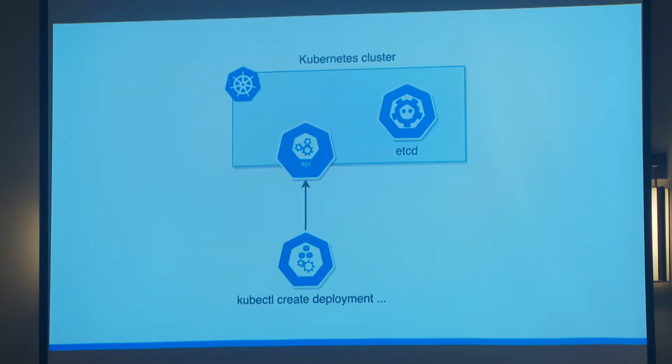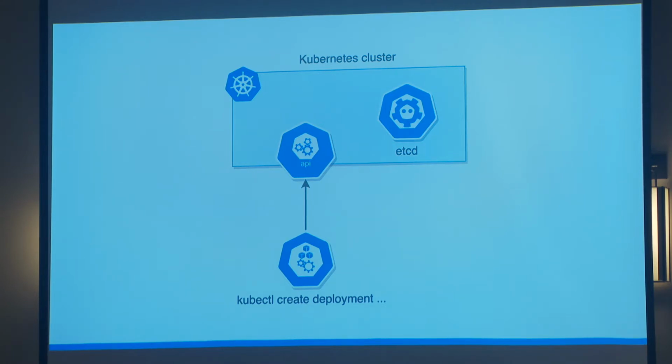Having said all of that, I'd like to give you an idea of how generally Kubernetes works. And I'll do that through a life story of a deployment. So let's say we want to create a new deployment. We want to run this new workload in our cluster. So what we do is we use kubectl, which is a command line utility that allows you to interact with the Kubernetes cluster.